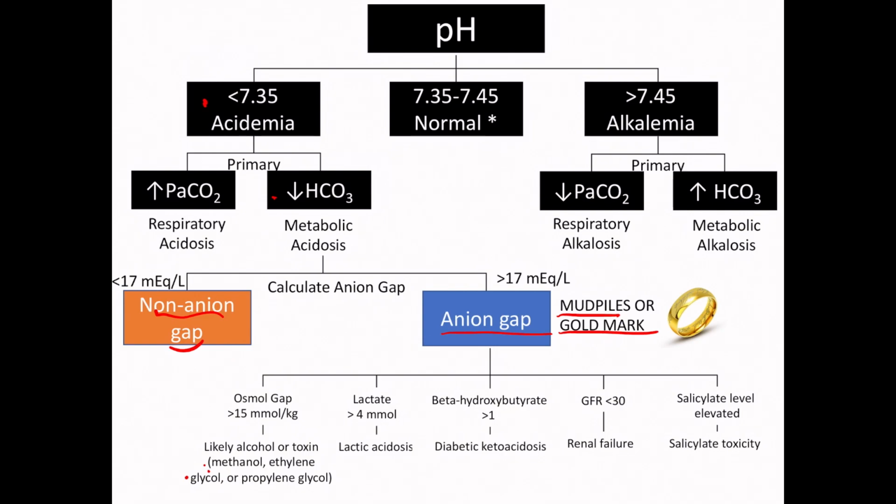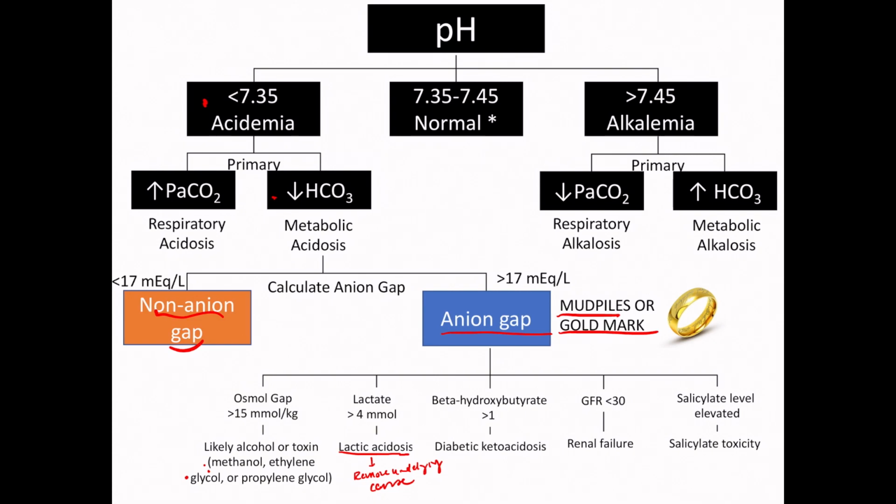If your lactate is greater than 4, you consider lactic acidosis, and then you need to make sure you remove the underlying cause, provide adequate hydration, and in some cases, vasopressors or inotropes. If the primary problem is beta-hydroxybutyrate of greater than 1, you can consider diabetic ketoacidosis or a type of ketoacidosis as a primary problem, and thus you will treat that accordingly.